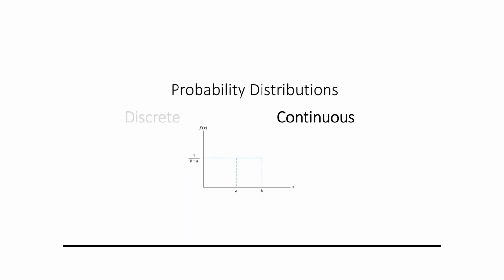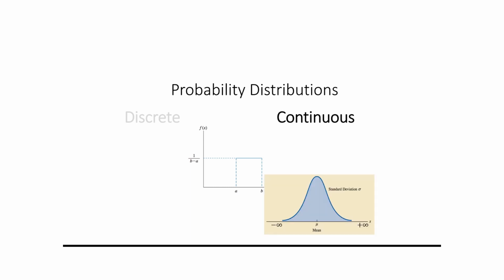Here we are showing the uniform distribution in the interval a and b. So there is an infinite number of x values between value a and value b.